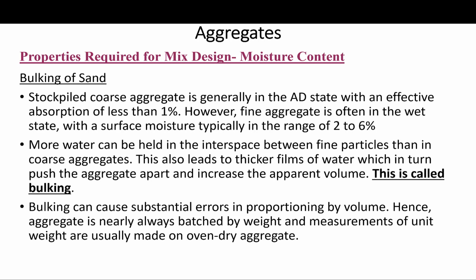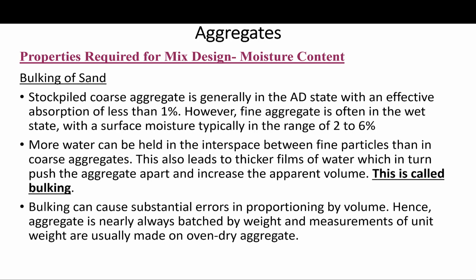The reason for the high moisture values of the fine aggregate is that, in addition to thin surface films of moisture, additional water can be held in the interspace between the fine particles, as a result of the formation of what's called the meniscus.